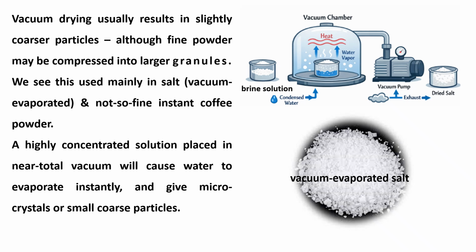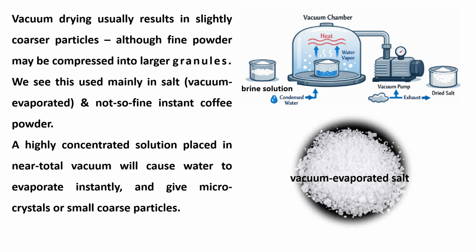A highly concentrated solution placed in near total vacuum will cause water to evaporate instantly. What you are doing is placing a highly concentrated solution, brine, in vacuum. When placed under vacuum, the water immediately evaporates and gives microcrystals or small coarse particles.